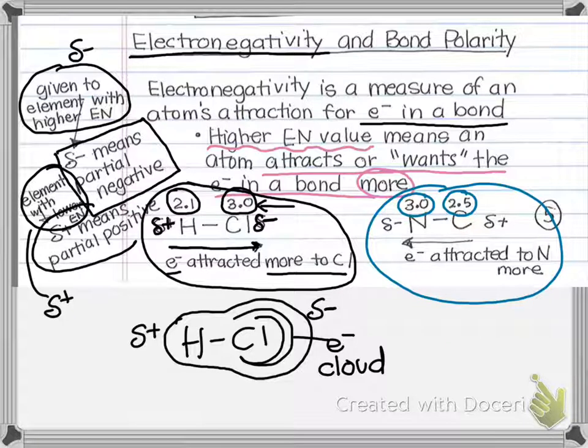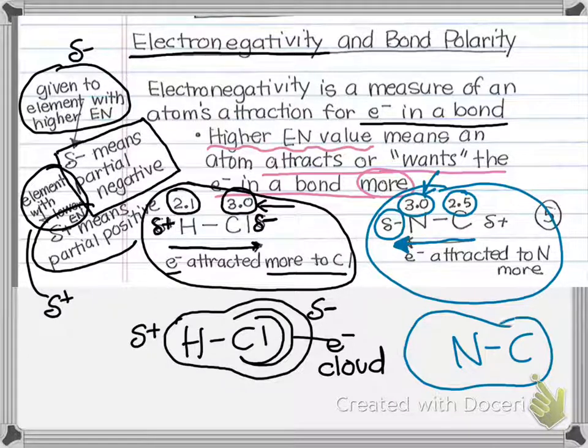So in this case, nitrogen right here has a higher number. So that means the electrons will be drawn toward the higher electronegativity, the higher the number. And that means the nitrogen will become a little negative. If we thought of the bond, the electrons would be a little bigger around the nitrogen. This is an electron cloud. And then that makes it negative, and the carbon would be positive.